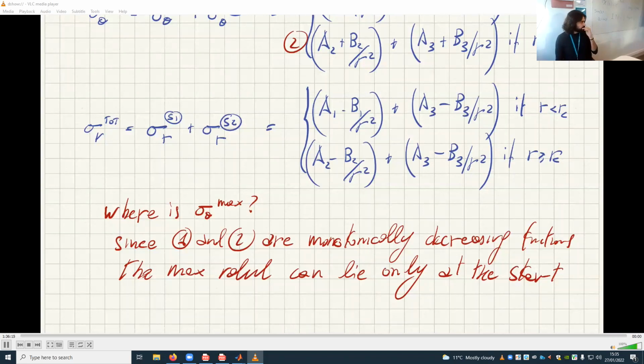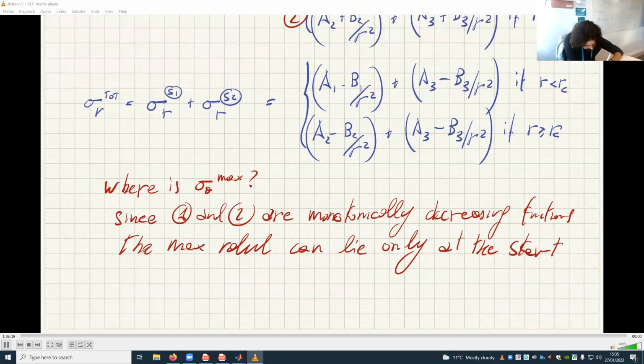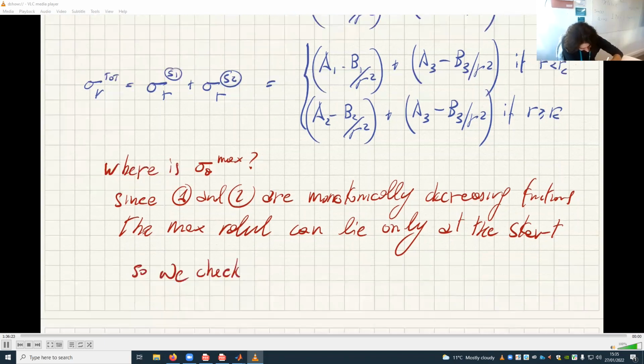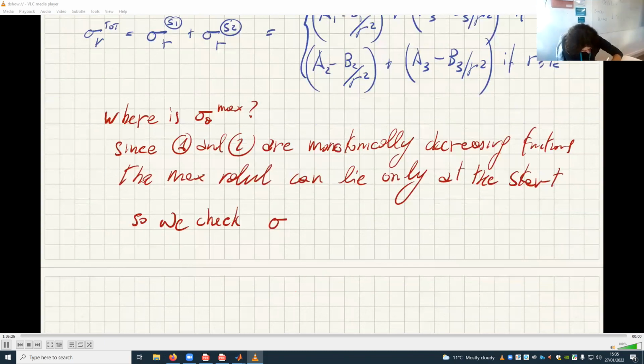All right. So we check sigma theta at Ri, and we check if it's greater or smaller than sigma theta at Rc. Because Ri is where the first branch starts and Rc is where the second branch starts.